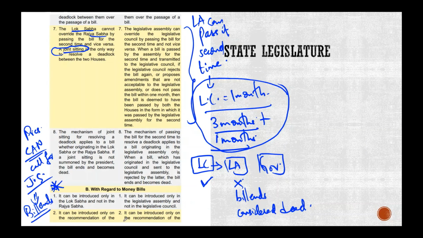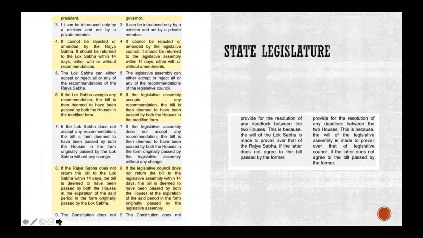Now, with regard to your money bills, the process is very, very similar in the center and the state. What is the number of days by which it has to go from your upper house to your lower house once the lower house passes it? 14 days. 14 days for center.